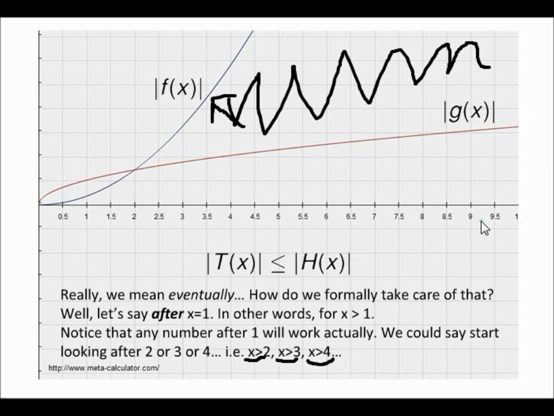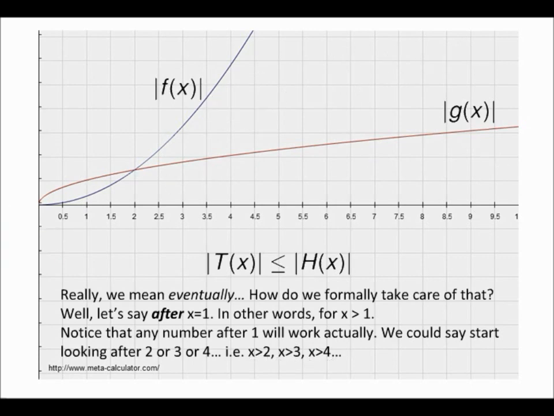The definition of big O notation doesn't say find the smallest number where it starts to work. It just says after some number. So I could say for x greater than 1, but just as easily for x greater than 2 or x greater than 3, x greater than 10. It doesn't really matter. You've got to think big picture. As long as you can say for certainty that after this number my hare function is going to be greater than and stay greater than my tortoise function, then we're in business.